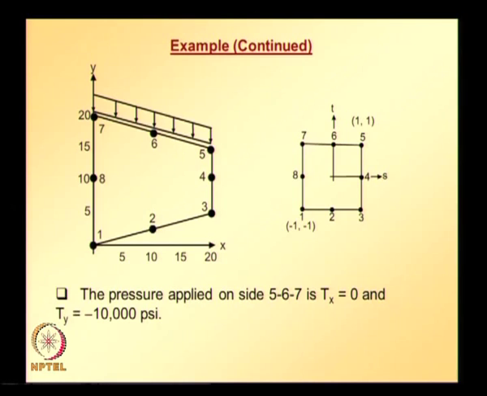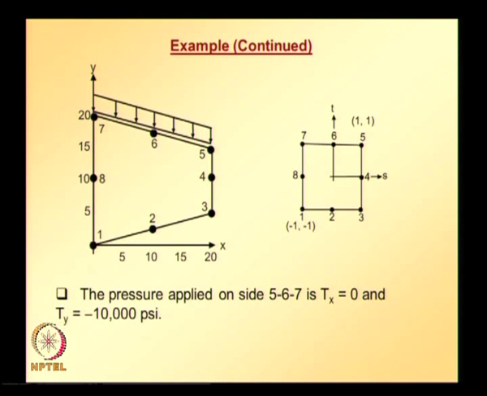So, the value of applied pressure is given here, Tx is equal to 0, Ty is equal to the given value, and also because this pressure load is applied on side 5, 6, 7, it will result in nodal loads in y direction only at nodes 5, 6, 7.